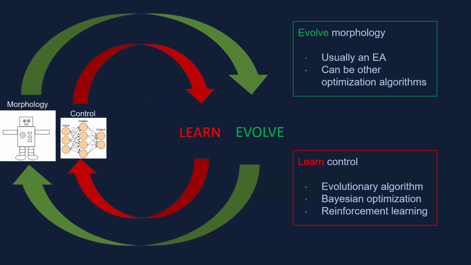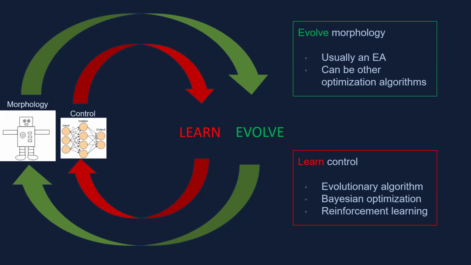So in the evolution loop, you would create a new morphology, and then this morphology will learn its optimized control. You can see this as a certain number of trials with a certain number of control parameters. So let's say you want to try 100 control parameters. In this case, you would pick the one which is the best of those 100.